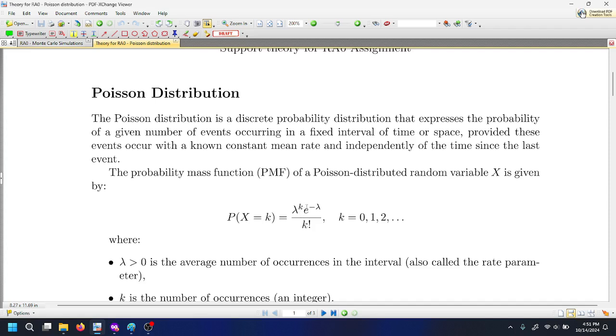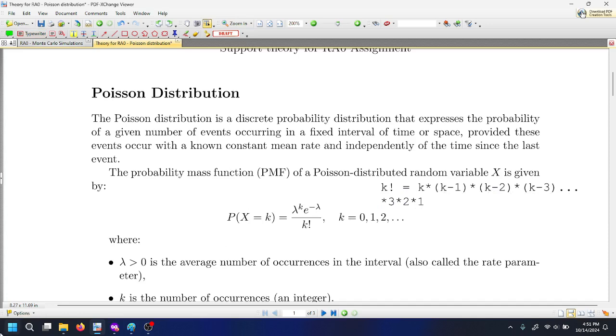The k is the number of occurrences, and everything else here is a constant. This exclamation mark is k factorial, which equals k times k minus 1 times k minus 2 times k minus 3, and so on until times 3 times 2 times 1. That's what the denominator here represents.